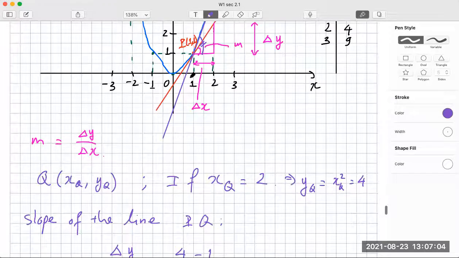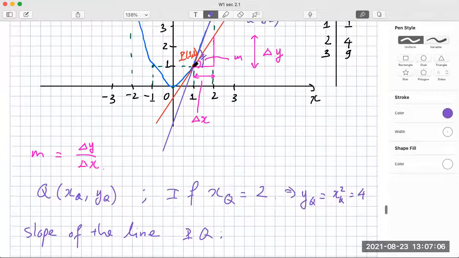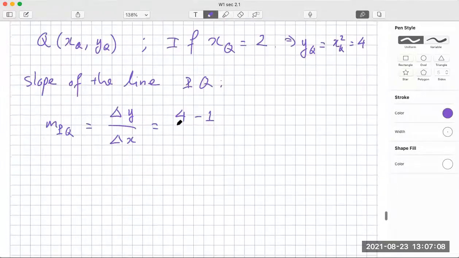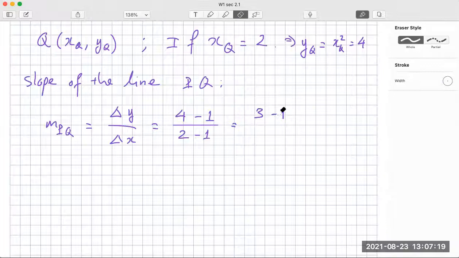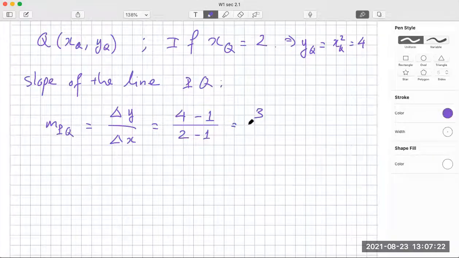Yeah, the distance from the position of P to Q, here it is 2 minus 1, right? Very good. And it will be, oh, sorry, 3 over 1, right? Okay, very good.